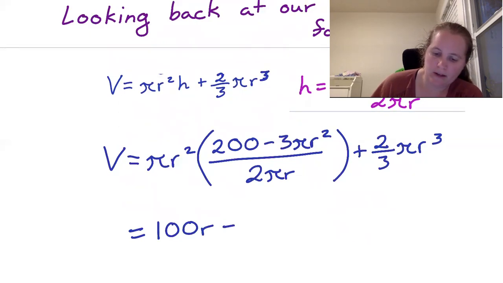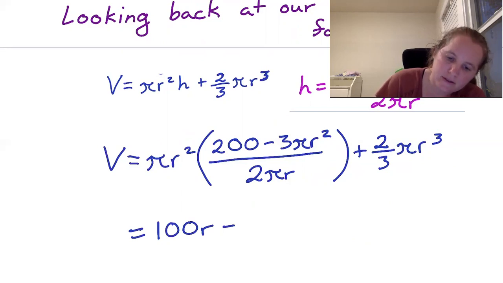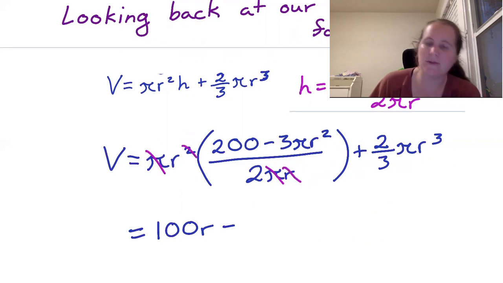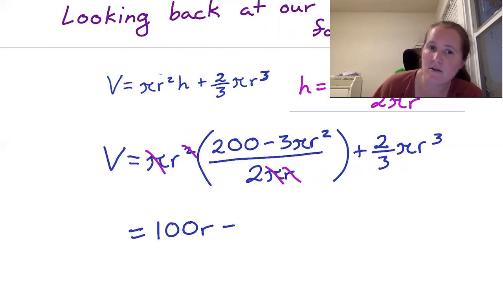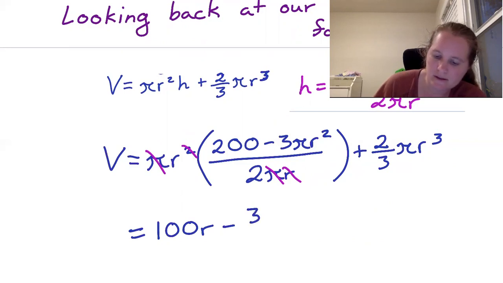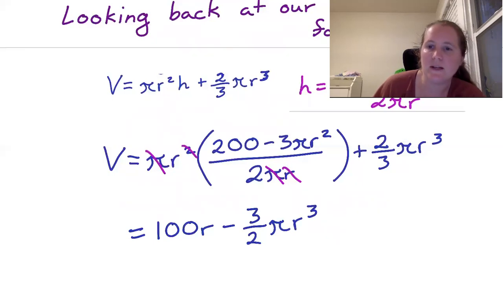Then we have minus, I'm just going to cancel. So this pi will cancel with the pi down below, and one of the r's will cancel with the r down below. So the only thing we're really dividing by is 2. So if we do 200 divided by 2, we have 100, and the r is being distributed inside. And then we will have 3/2 pi r cubed remaining.